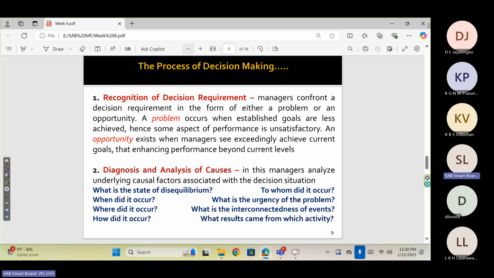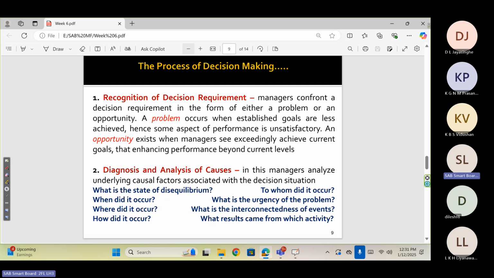Those questions should be considered: what and how questions. What's the nature of the problem? Disequilibrium, the gap between the actual and the expectation. Then how it has happened, when it has happened, where it has happened, who is responsible, what's the need of having a solution, what's the urgency of having a solution, what are the other events connected to it?